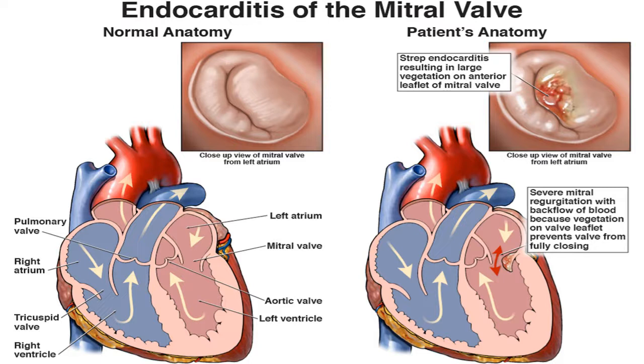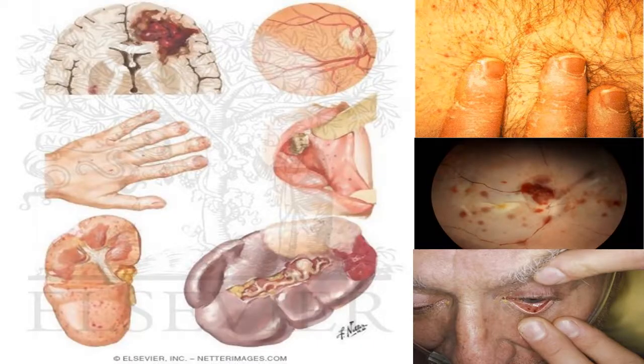This regurgitation jet creates back pressure on the lungs and causes plethora and heart failure, increased jugular venous pressure, facial puffiness and facial hyperemia, facial plethora. So the mitral valve is the most commonly affected valve, and Streptococcus viridans is the organism which most commonly causes this.